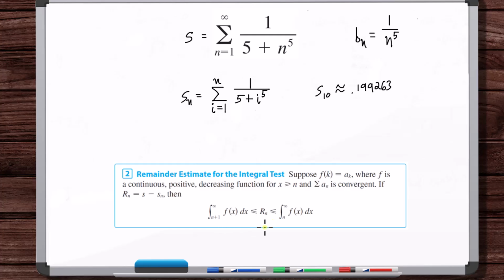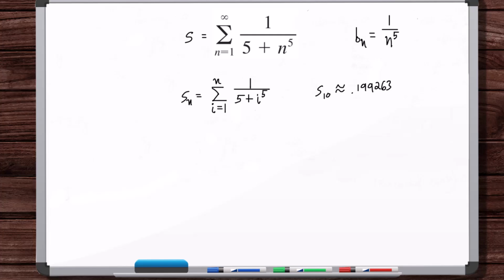The R sub n of this is going to definitely be less than this, for sure. So we could start by saying, let's go from n equal to 10 in this case to infinity. Let's take this integral with n equal to 10, and then we replace the n with an x.